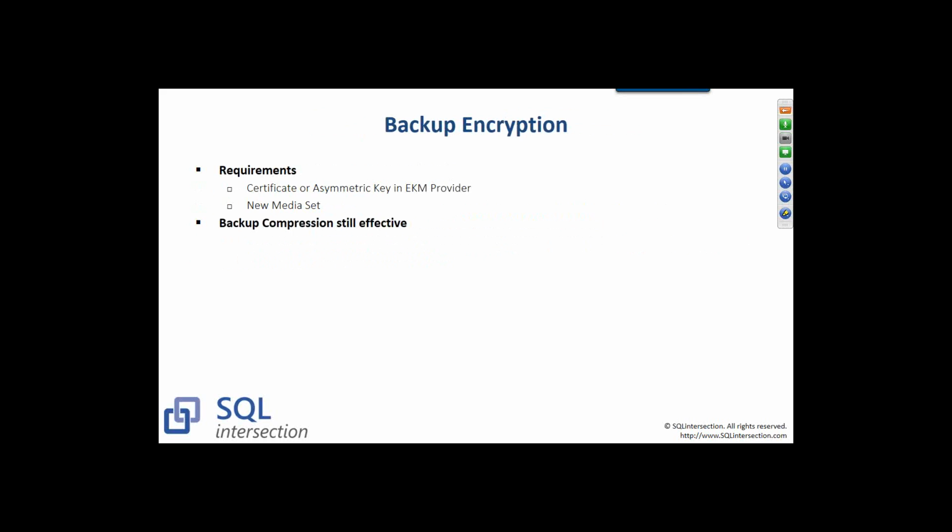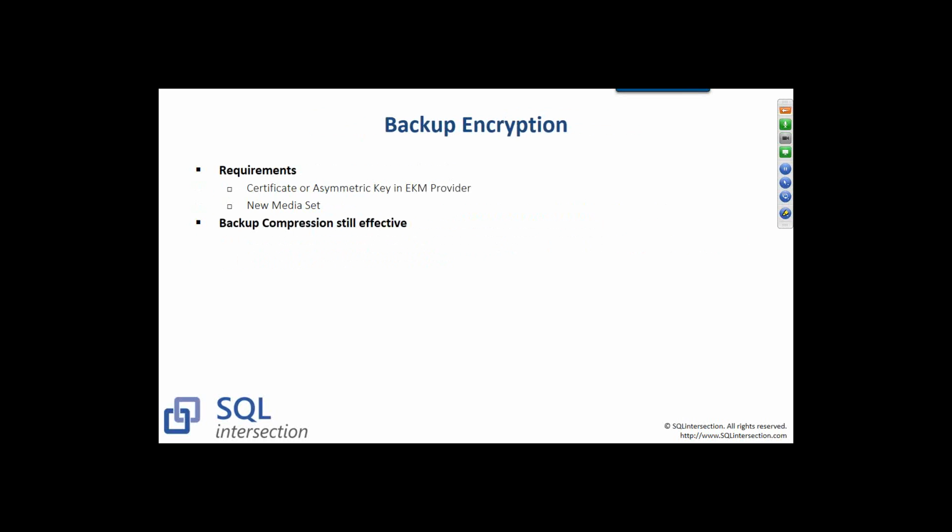So just be aware, EKM solutions, some of them are pretty expensive. You could use Azure Key Vault. The challenge with Azure Key Vault is some organizations don't allow their SQL Server to have access to the internet. So that would be a problem if you tried to get to the Azure Key Vault to use your EKM.